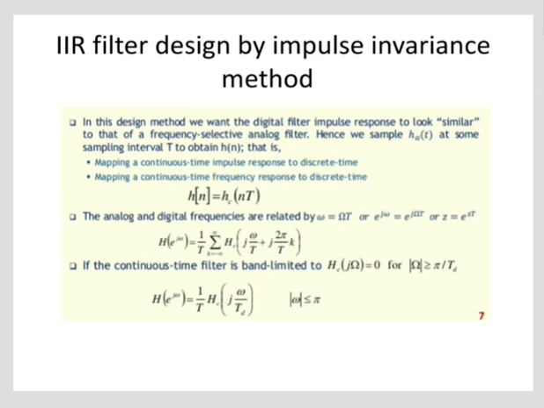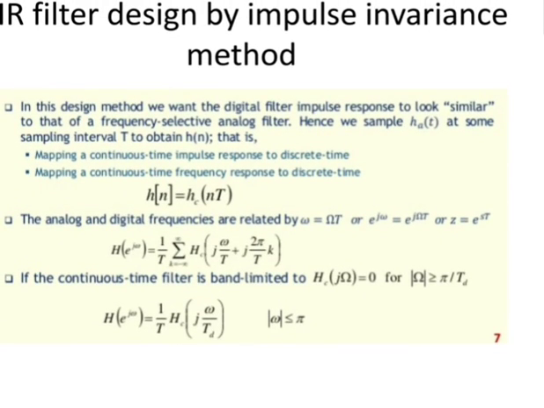Next is the IIR filter by the impulse invariance method. In this design method, we want the digital filter impulse response to look similar to that of a frequency selective analog filter. Hence we sample h of t at some sampling interval T to obtain h of n.